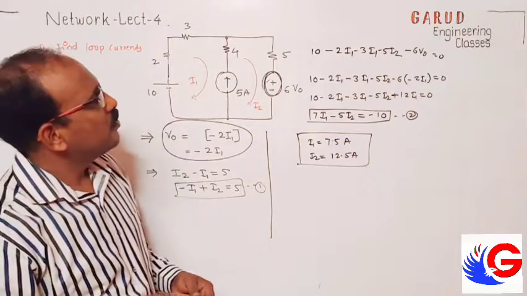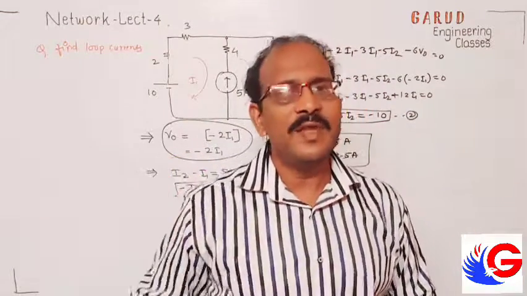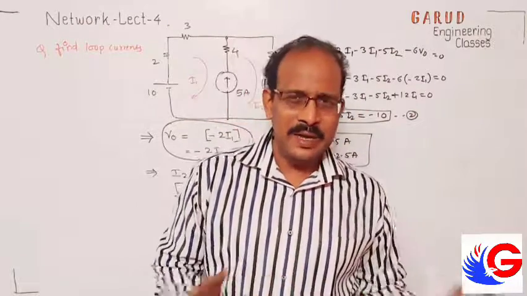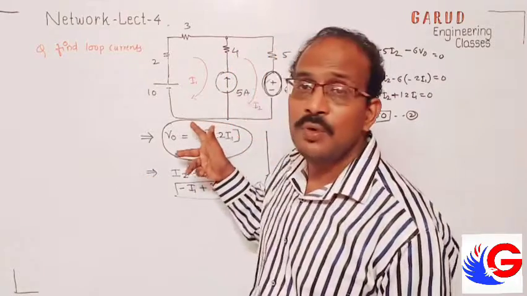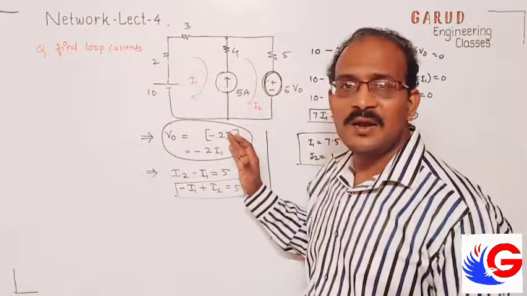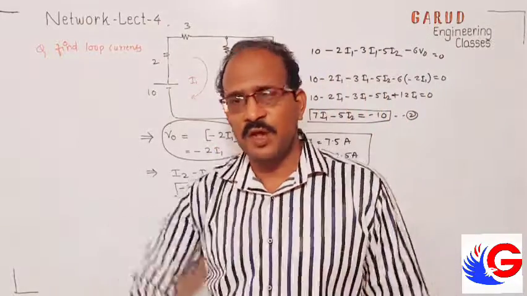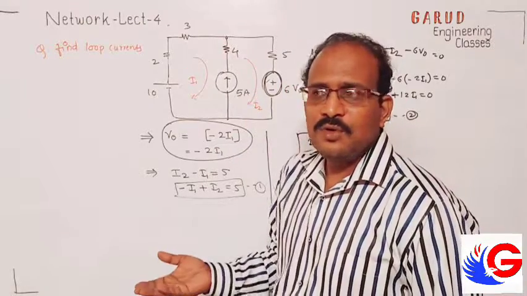Next time I will consider more problems on this, or I will start KCL, because the methods are so simple. It's like revision of BEE. Explaining KCL and all theorems again will waste our time, so you can revise that.